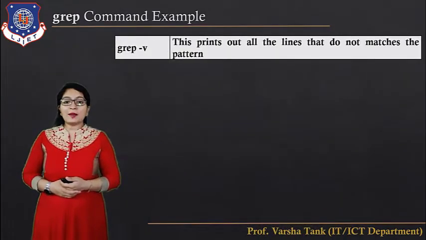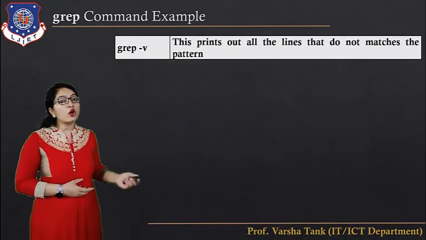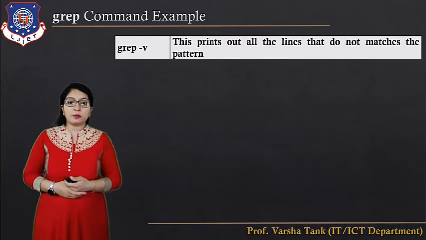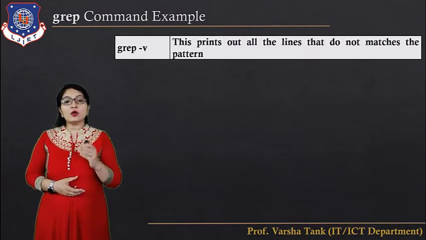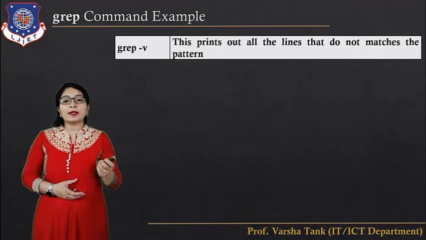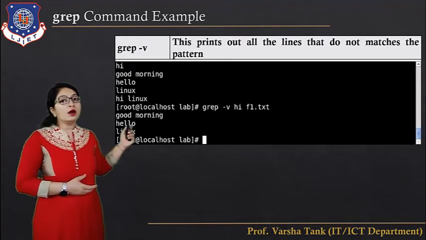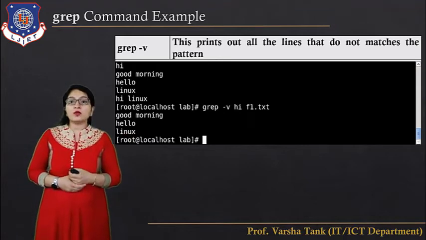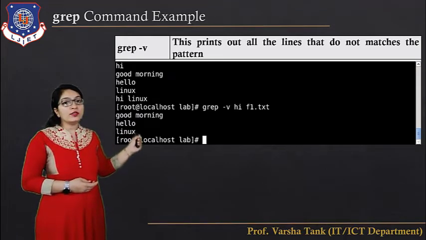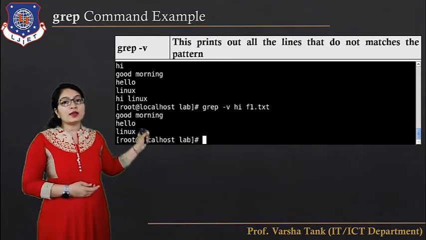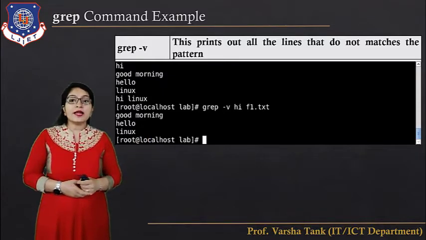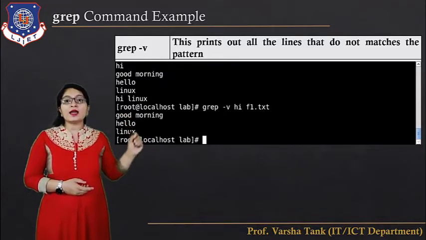Now next is grep -v. This prints out all the lines that do not match the pattern. So without matching the pattern, the remaining lines will be displayed. Here our file is: hi, good morning, hello Linux, hi Linux. With grep -v hi f1.txt, it will not display hi and hi Linux.